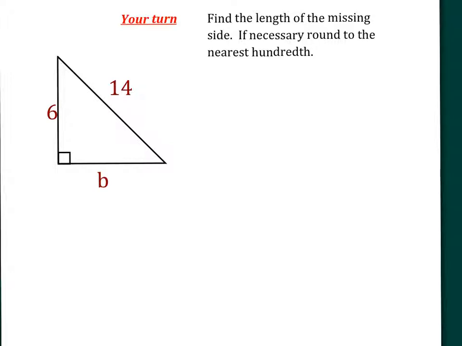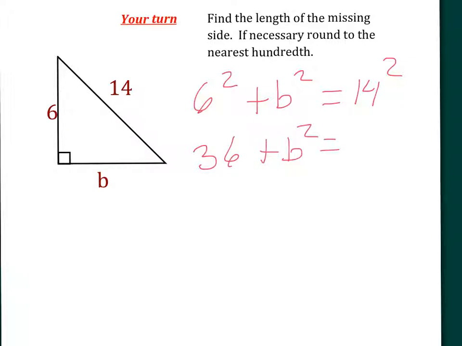So here's one for you guys to try on your own. Again, hit pause, check how you do. So put in for a squared, that's 6 to the second, plus b squared equals 14 to the second. So we have 36 plus b squared equals 14 to the second, which is 196.